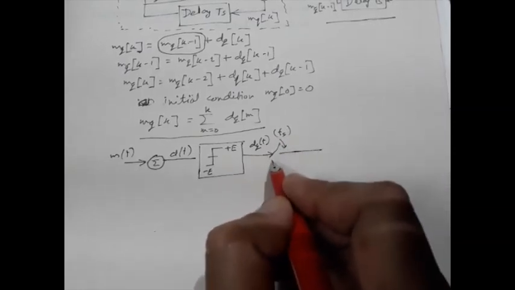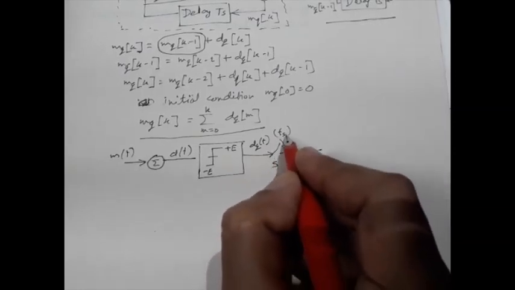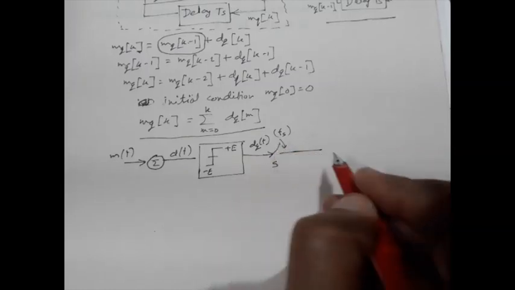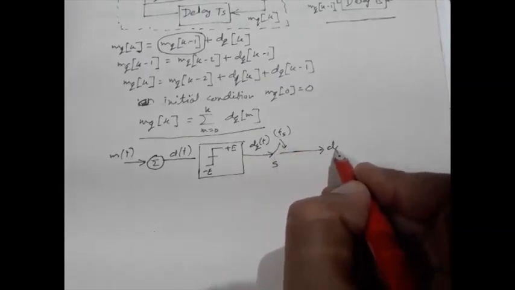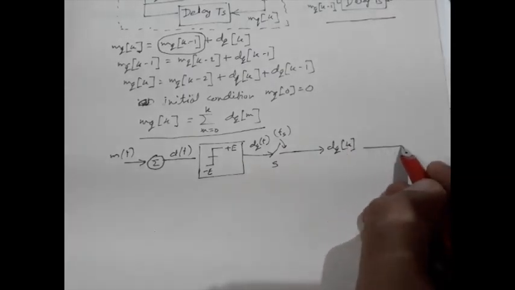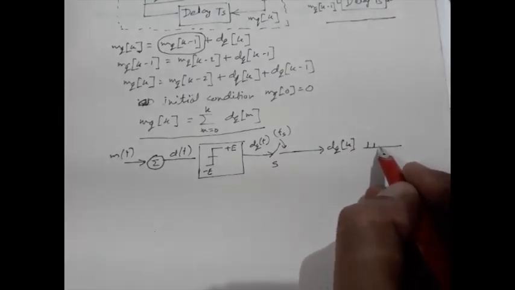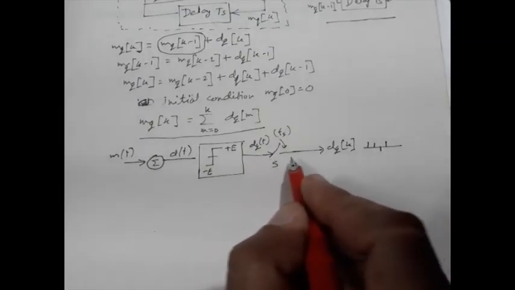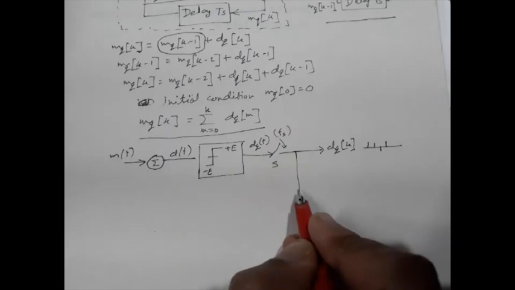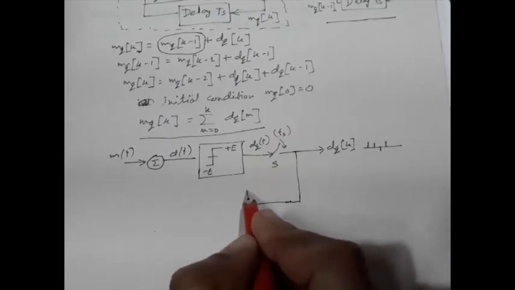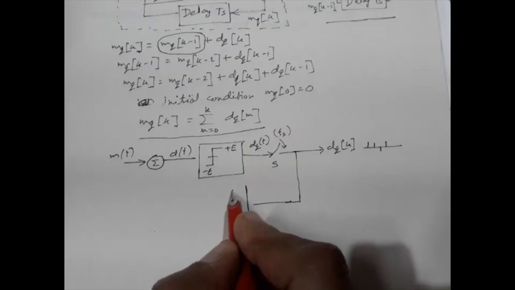This is the switch, S is the switch, and the switch is closing at a rate of Fs. Fs is the sampling frequency. So here we have dqk, and the nature of this dqk is something like this. Now in the feedback path, we have an integrator.